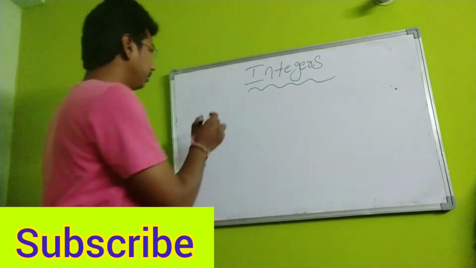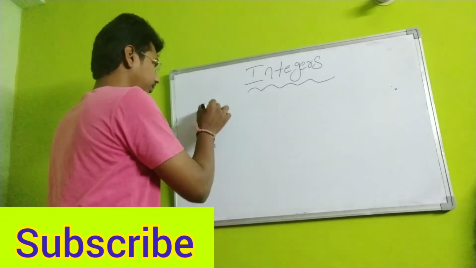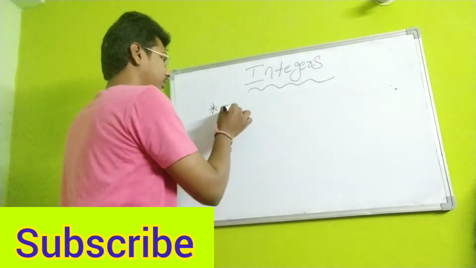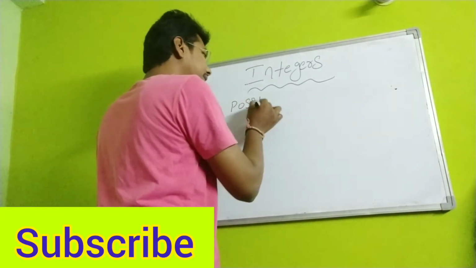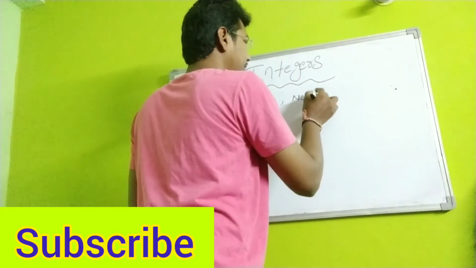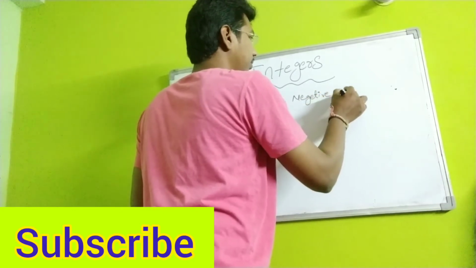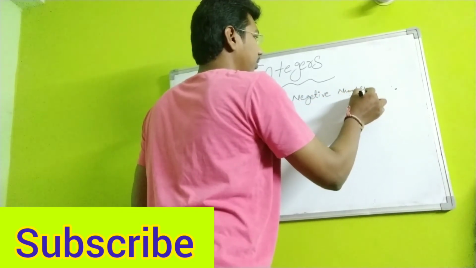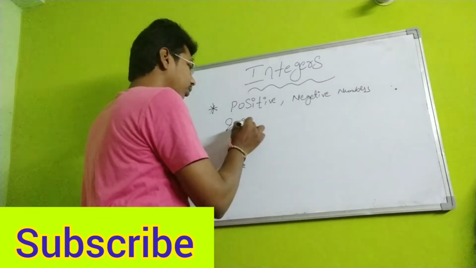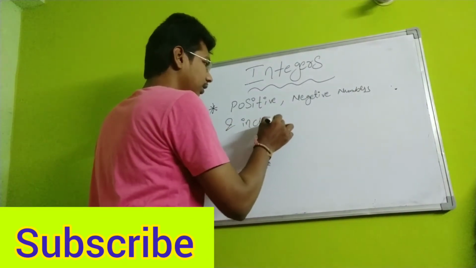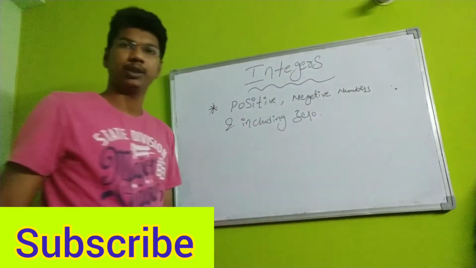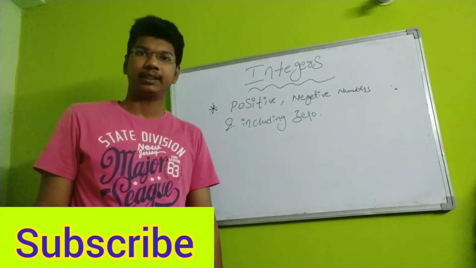Integers are nothing but positive numbers and negative numbers, and including zero, is known as integers.